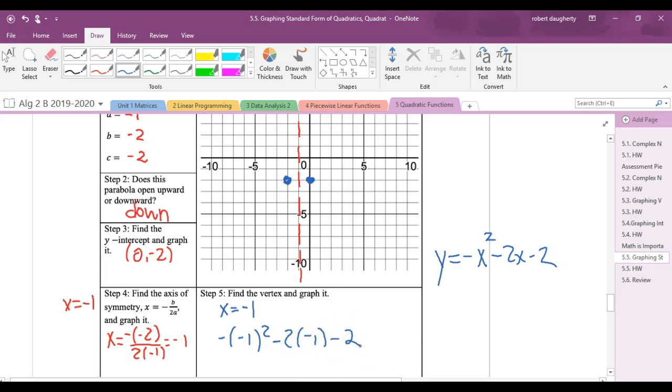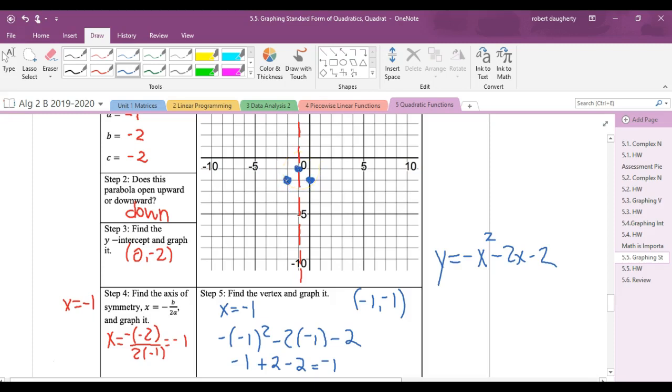What's -1 squared? 1. What happens when you stick a negative in front of that number? What's minus 2 times minus 1? That's plus 2, minus 2. This answer is what? Negative 1. So the vertex is negative 1, negative 1. So the vertex is right here.